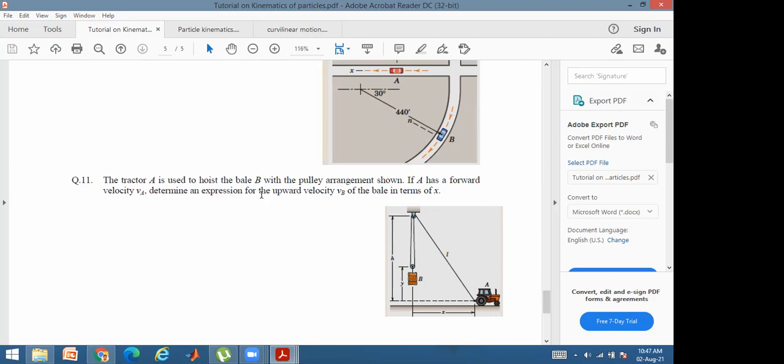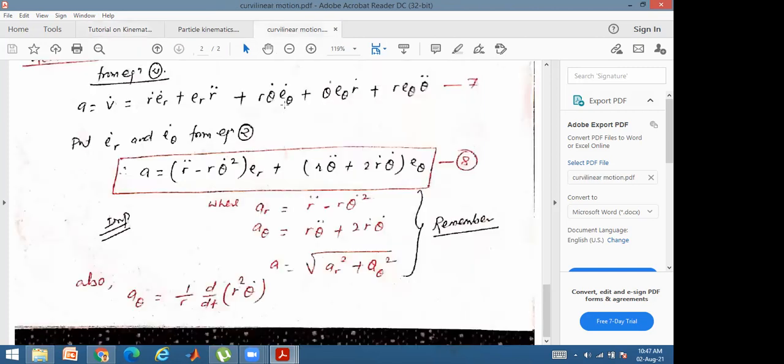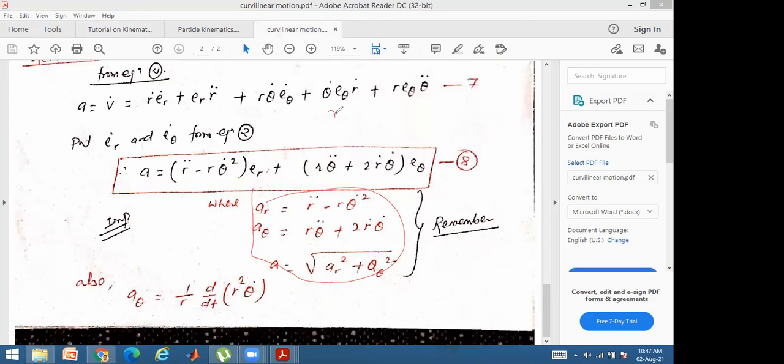Everything else is the same, and the major important thing is that you remember the formula. A equals A r e r plus A theta e theta. V equals V r e r plus V theta e theta. So what is A r? You should know.